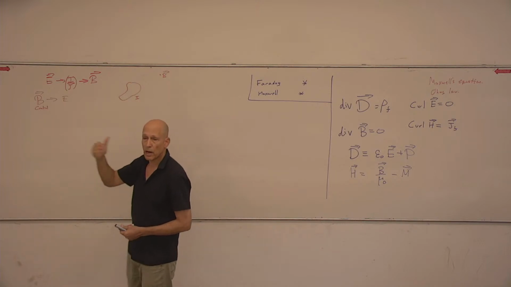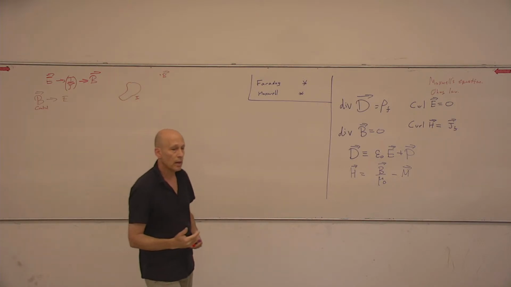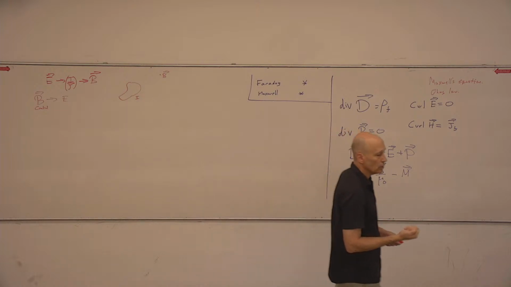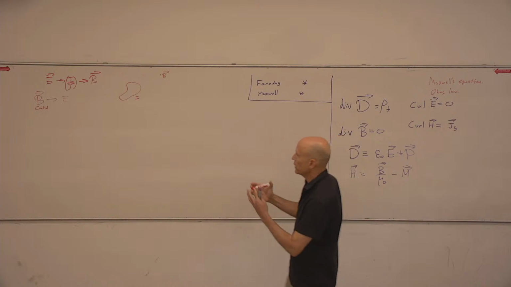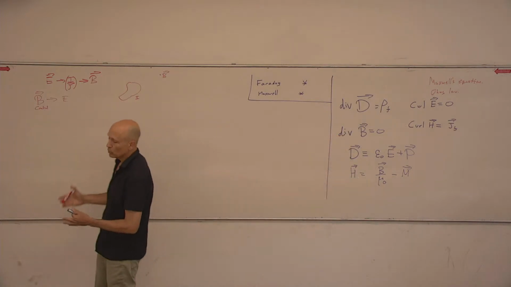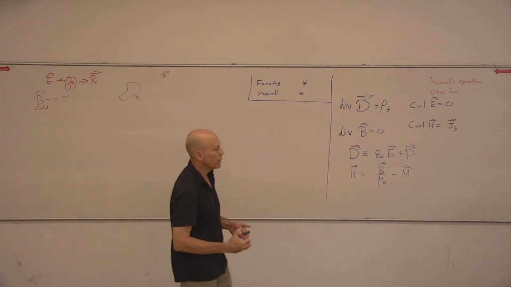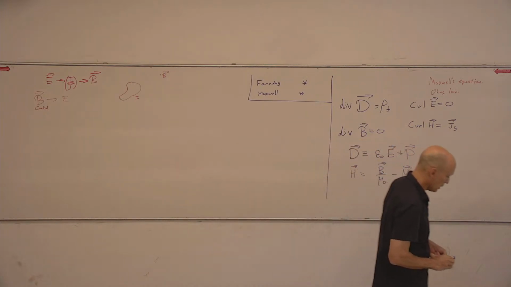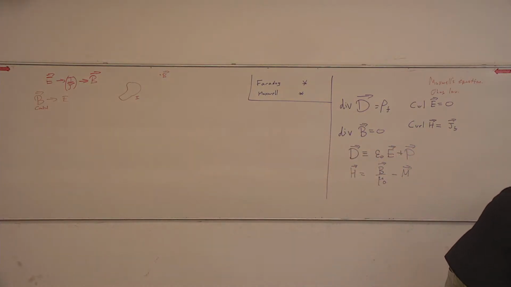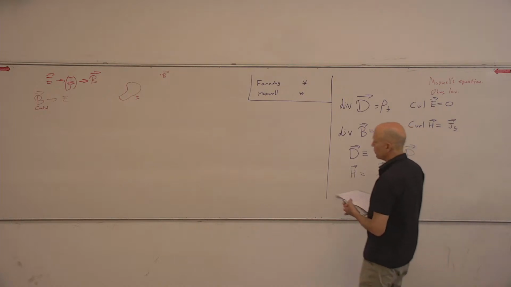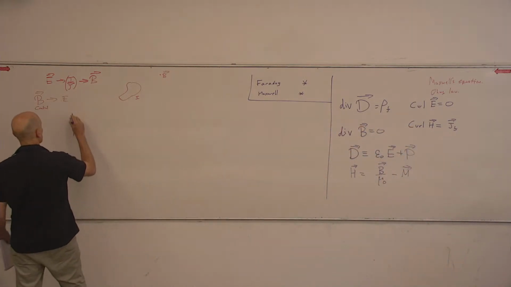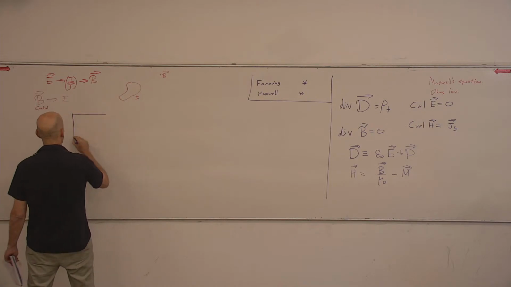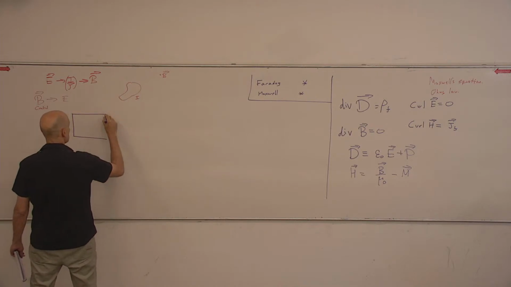Now you'll change the current, and then you'll change B. And what will happen? You will create this electric field. That is the basic idea and starting point of Faraday. But he, of course, did much more than that. He quantified this. The quantification is based on simple experiments that you already saw, that are also discussed in Griffiths.